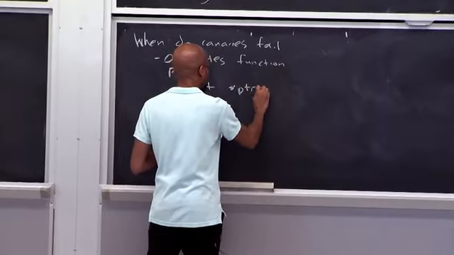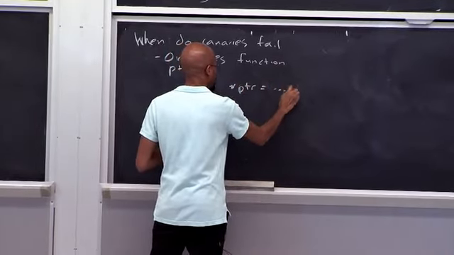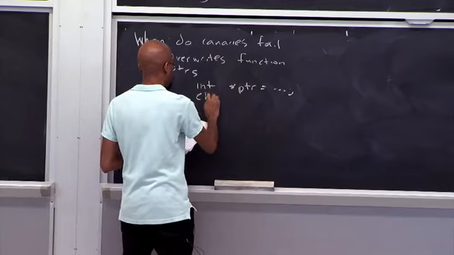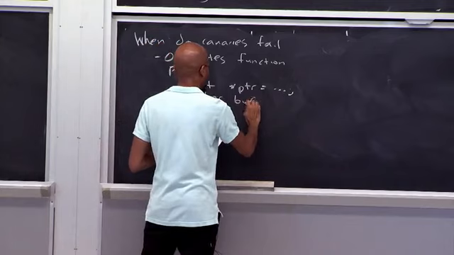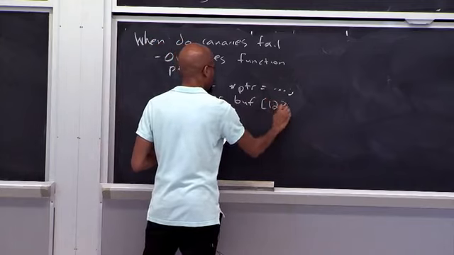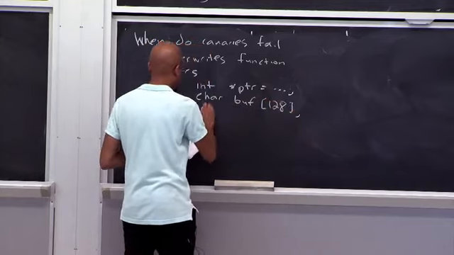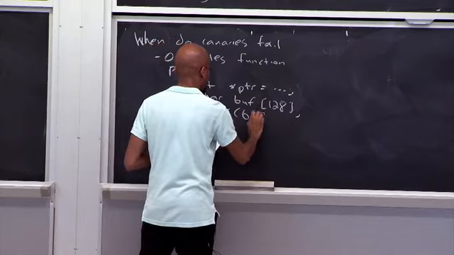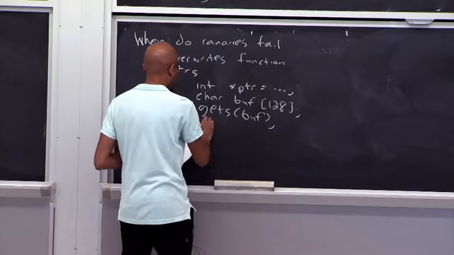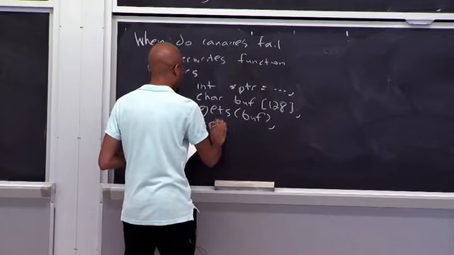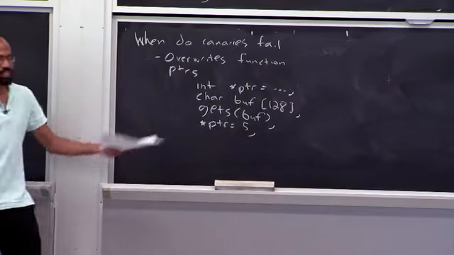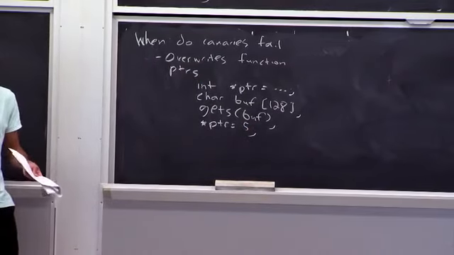declared a pointer. It gets initialized in some way, it doesn't really matter. Then you have a buffer here. Once again, the gets function rears its ugly head. And then let's say down here, we assign some value 5 to the pointer.